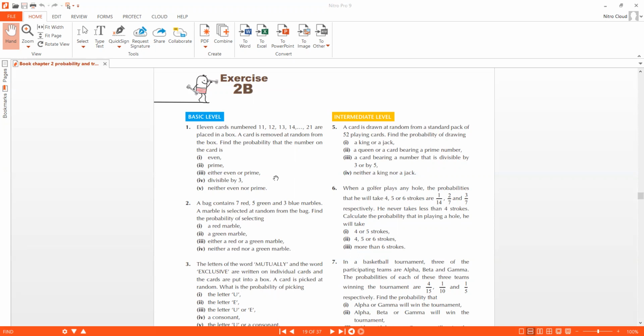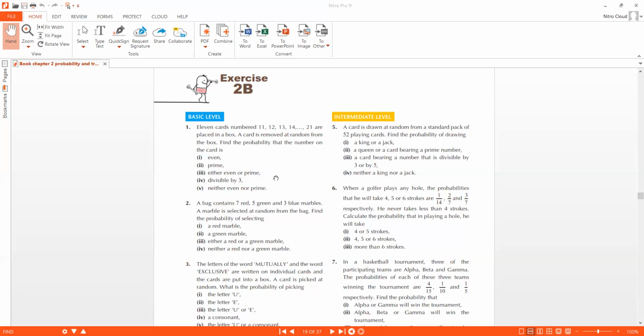Why 9? Basically, 5 are even numbers and 4 are prime numbers. So 5 over 11 plus 4 over 11 is 9 over 11. That's good.